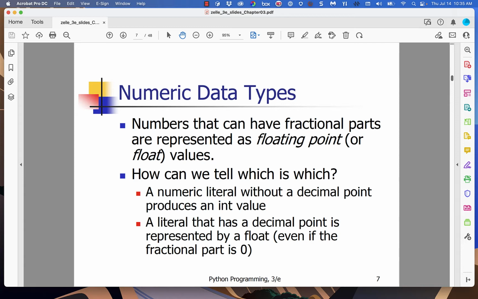If we type in a literal value in some expression and it includes a decimal point, then it's going to be represented as a float. So 1.0, 5.0, 3.9, 125.333, all will be represented as a float.